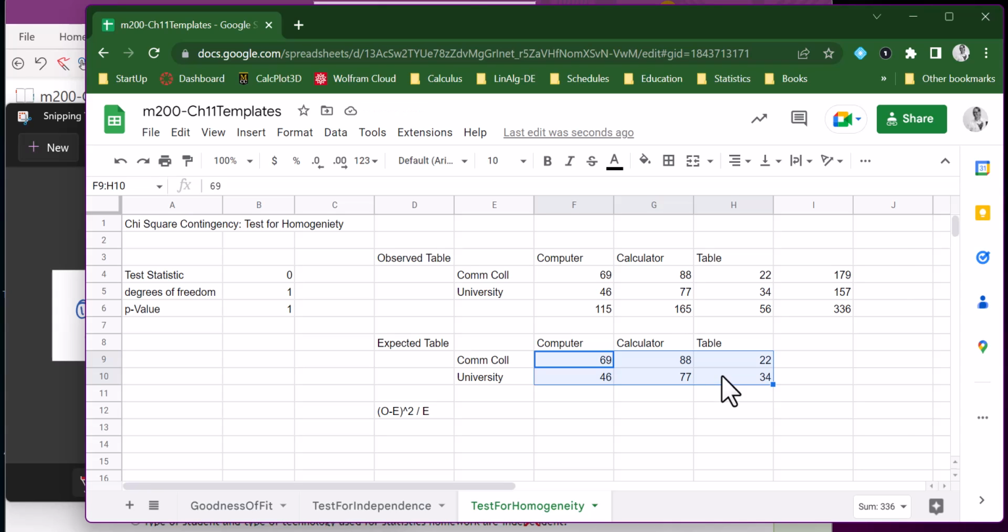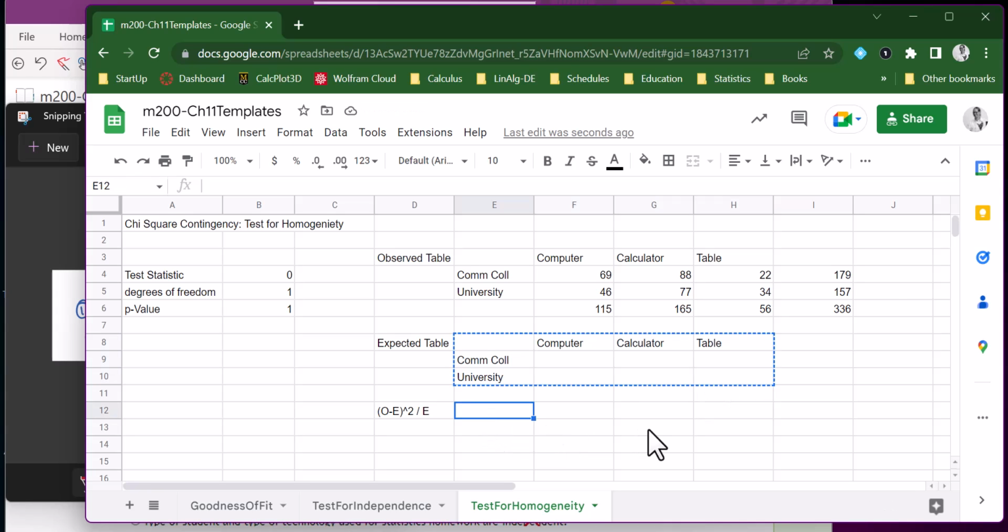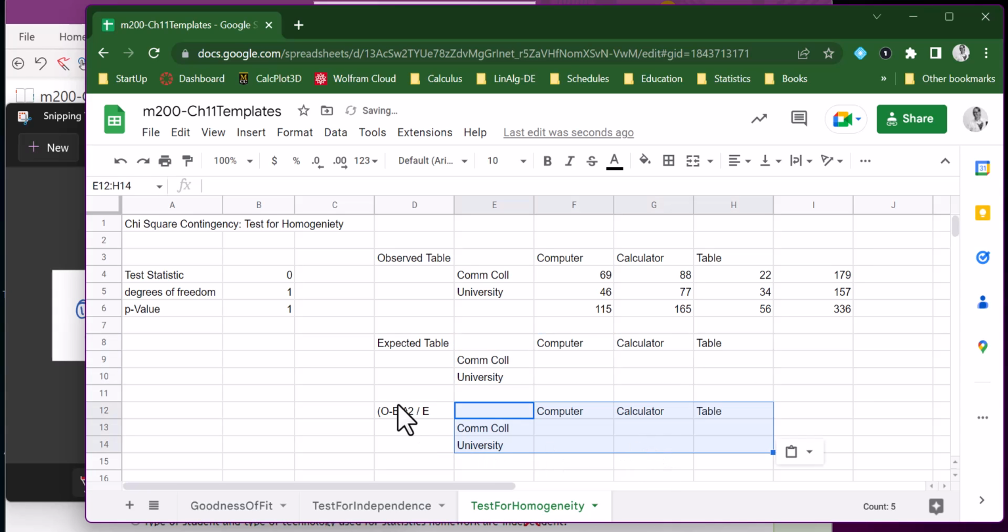We have to actually compute our expected value. And then we're also going to need this piece of table for our next one. So I clicked this corner that would include this whole table, and I'll say Control-C for copy, and then paste it onto my O minus E squared divided by E table.